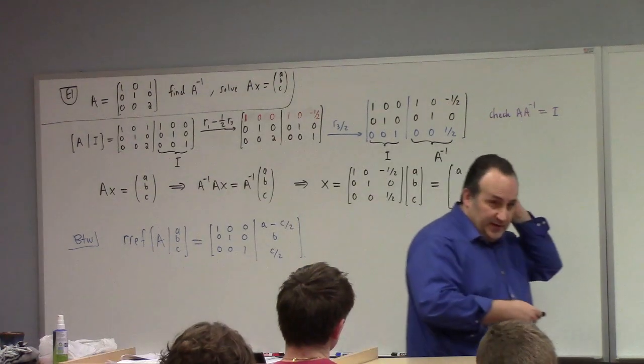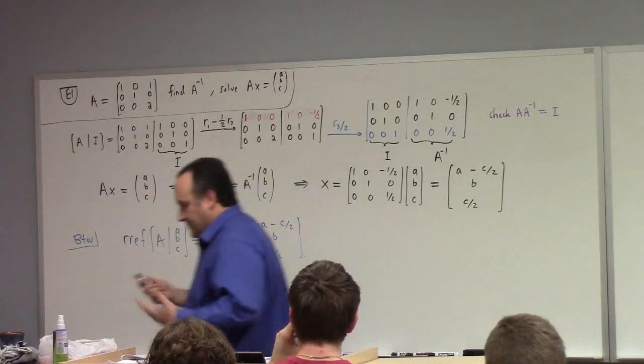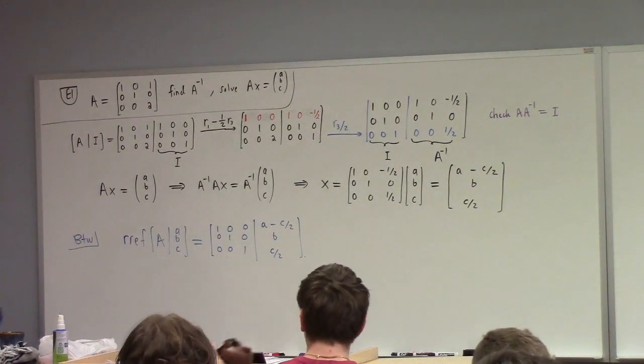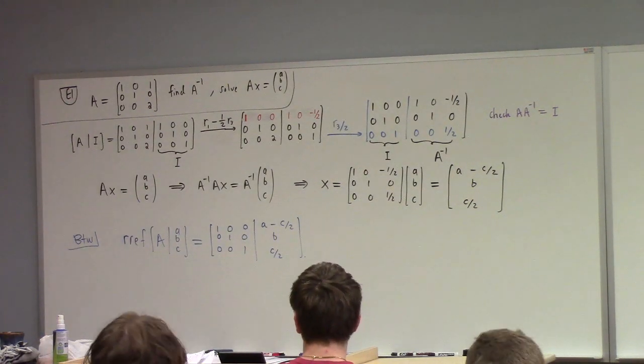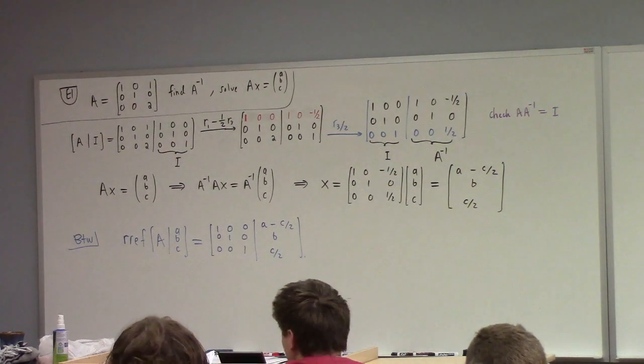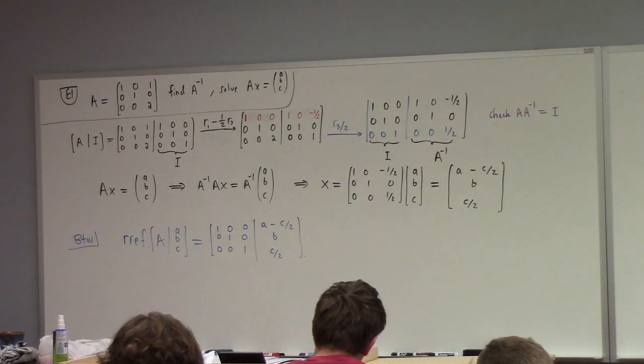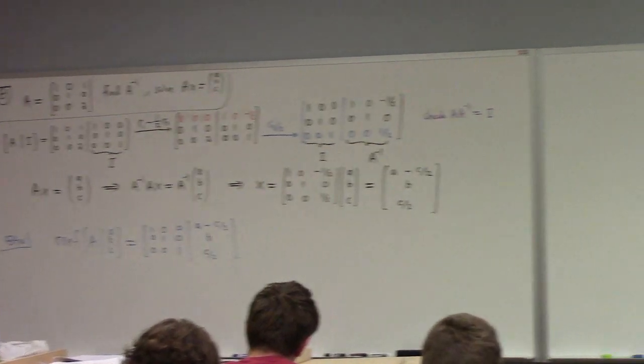All you need is some linear dependence amongst the columns, and then you can't multiply by inverse, but you can still do row reduction. So row reduction is a general method. It will reveal whether or not there's a solution. All right, so that was just another example to try to bring more depth to what we did last time.